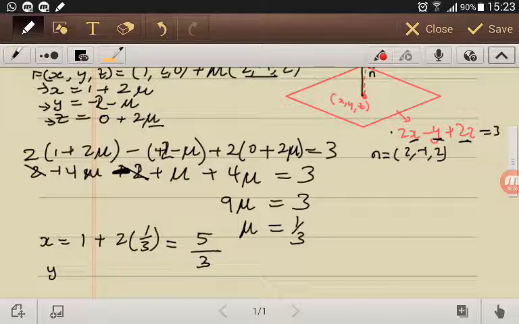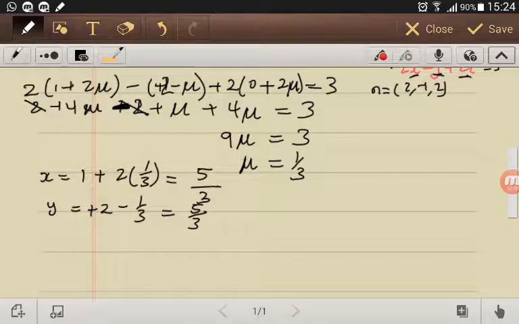Do the same thing for y: y is equal to 2 minus 1 over 3, which is the same as 5 over 3, and z is equal to 0 plus 2 times 1 over 3, which gives me 2 over 3.